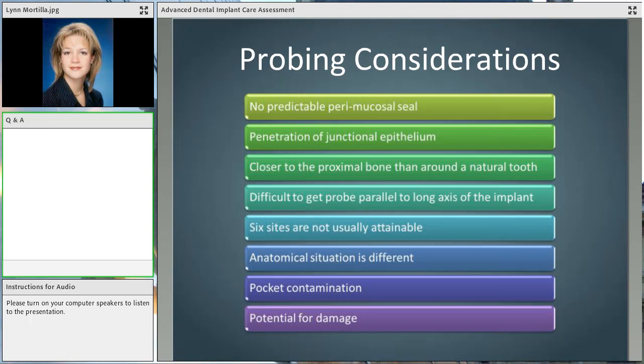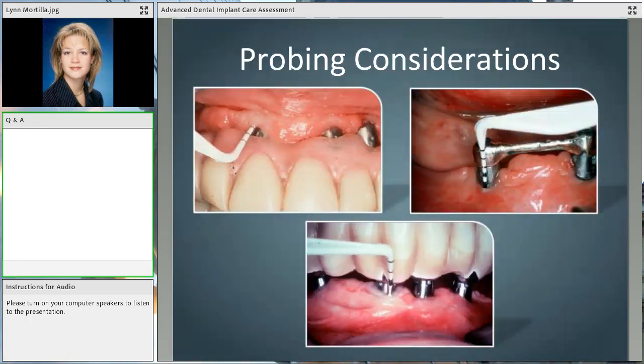If you penetrate this junctional epithelium, it takes about 7 days for the tissue to reform, but it will reform. We know that it leaves us closer to proximal bone than we want to be. And sometimes it's very difficult to get parallelism to the long axis of the probe, and we can't get all of the sites that we want to attain. So it's for these reasons that we want to be very careful in our probing technique.